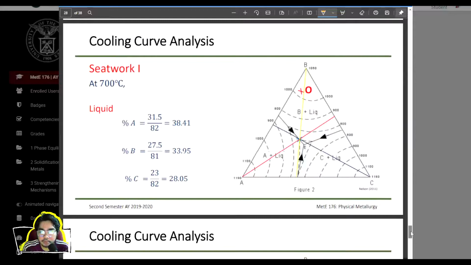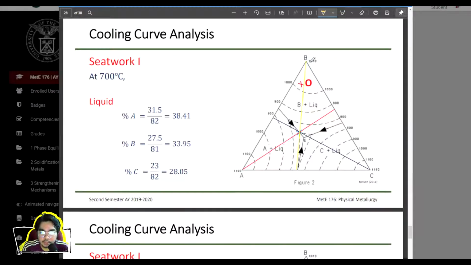Tapos, this is measuring the liquid. Gravity rule actually yung ginamit niya dito for the liquid. I think it should give you the same.